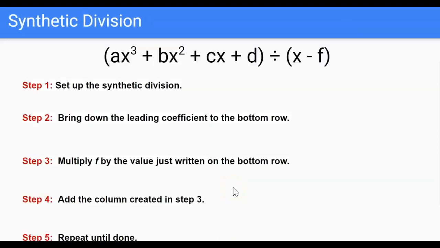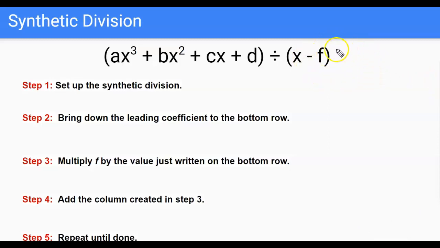So our steps are, as you can see here, if you have a division problem, there's a couple of things about synthetic division that you do need to know. A couple of things that you need to know in order to use synthetic division.